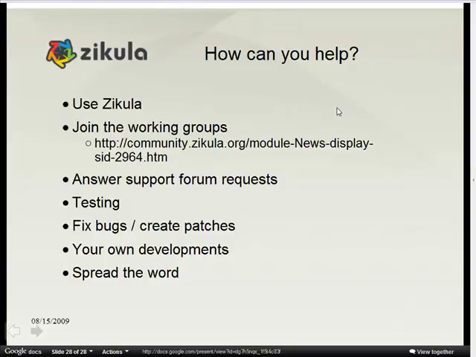So, for example, if you are not capable of doing any development, join the translation group or the distribution group. For everybody there should be a group that interests them and where they can give something back to the project.